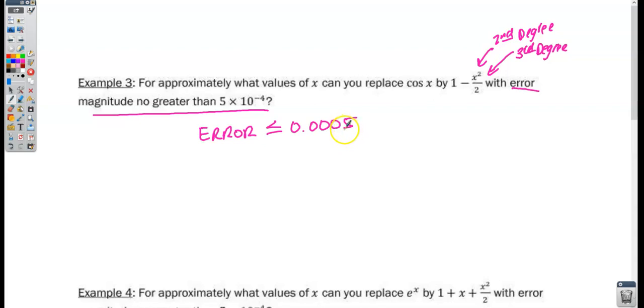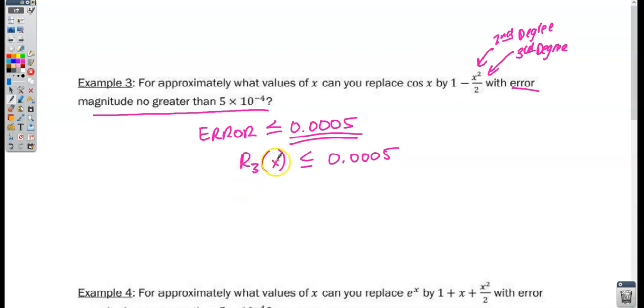So we want the third order remainder to be smaller than this. So we're looking to set the third order remainder to be less than or equal to 0.0005. And now we're going to find an interval instead of an error bound. So let's go ahead and set this up.